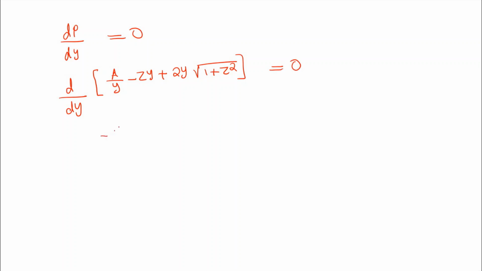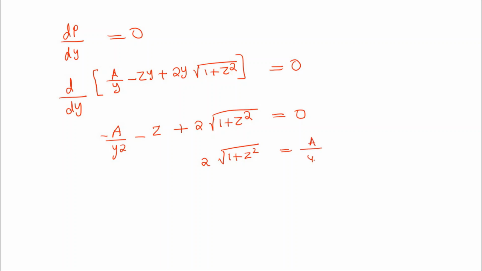By differentiating, you will get minus a by y square minus z plus 2 in the root of 1 plus z square is equal to 0. So I am taking these negative terms into the right hand side. This equation will become 2 in the root of 1 plus z square is equal to a by y square plus z.